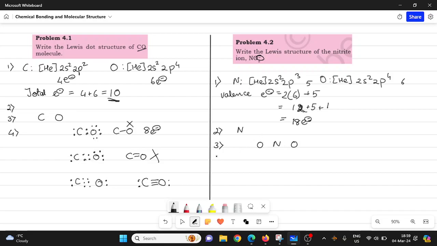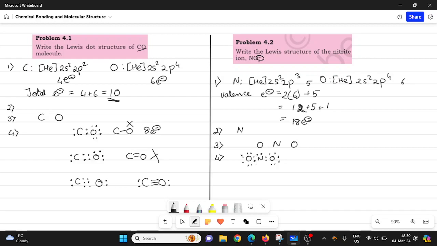Okay, the next step will be drawing a single bond between the nitrogen and each of the oxygen atoms. So you'll have oxygen, nitrogen, oxygen. And then you need 18 electrons, so you distribute them.